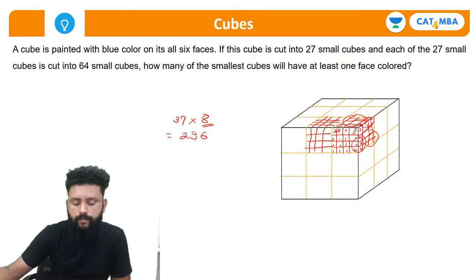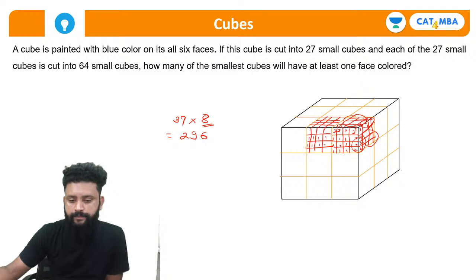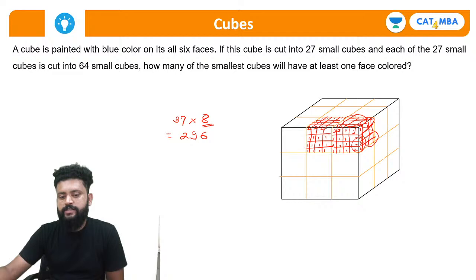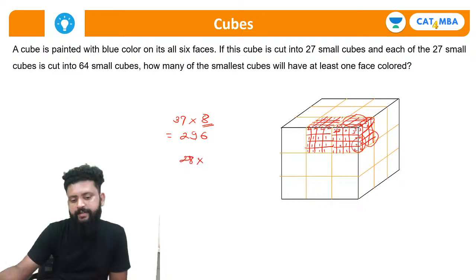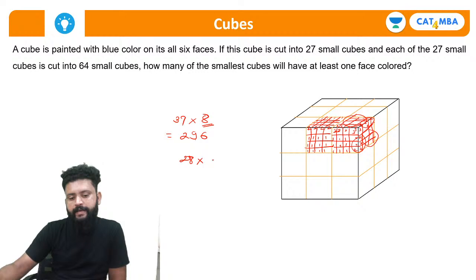So these cubes will be one face painted. 4, 4, 4, 12. Then here also 4 will come, here also 12 will come, 4, 4, 4. 12 plus 12 is 24, plus these two surface ones, 4 cubes. So it will be 28 and there will be 12 such cubes, 28 each.